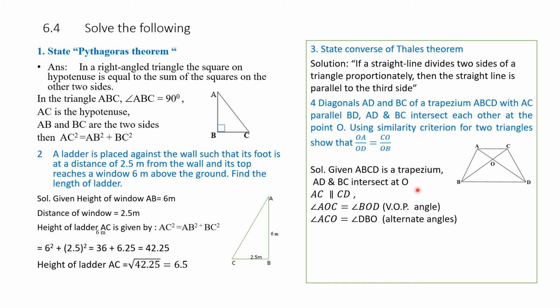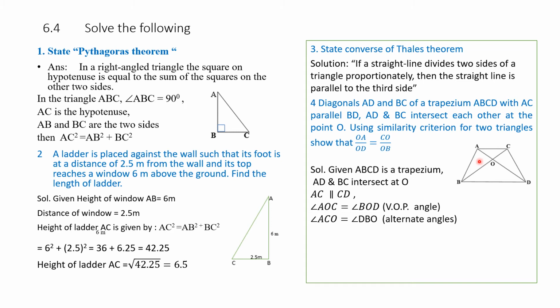So now we will compare triangle AOC and triangle BOD. Please compare these two triangles. Angle AOC is equal to angle BOD, that is vertically opposite angles.